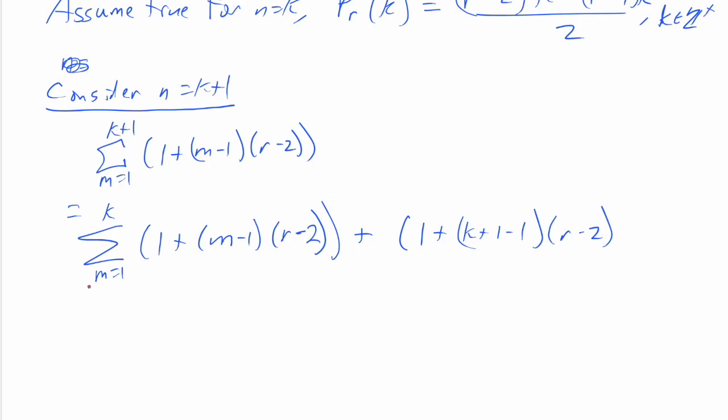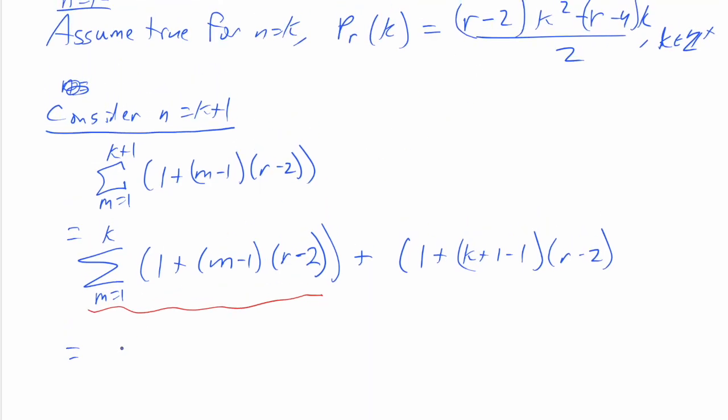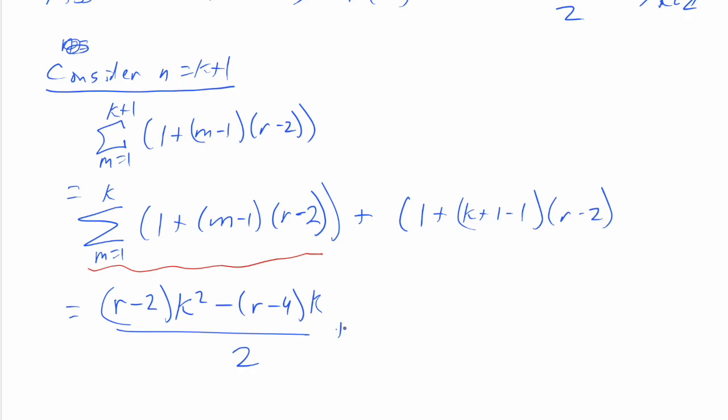And this part is just our assumption, so we can replace that now with this result. So then we have r minus 2 k squared minus r minus 4k over 2 plus this here, which is just 1 plus k times r minus 2, by using the assumption.